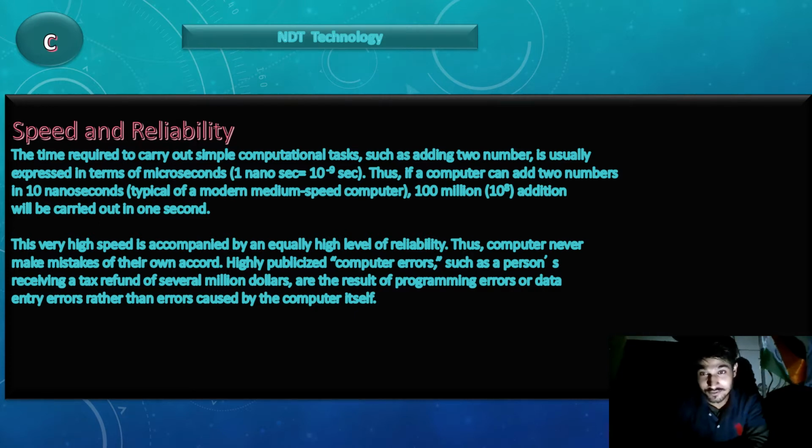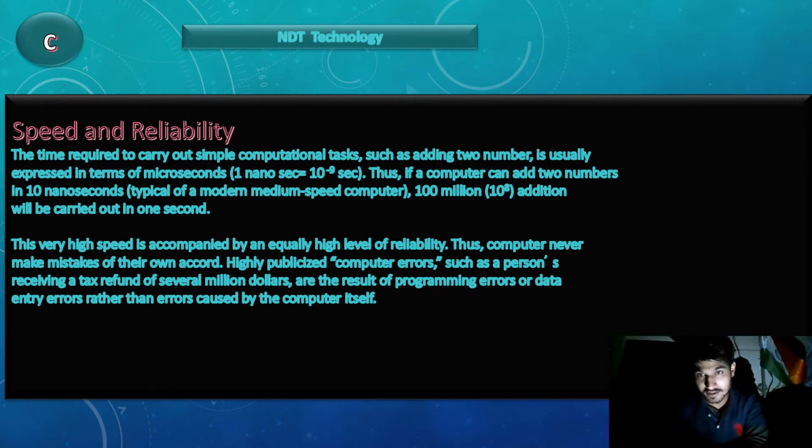Reliability also matters in any computational task, because if a mistake at the level of 0.00001 happens, the whole meaning of the computational or mathematical task will change, right? It may be a mathematical formula used for making bridges, roads, or any daily object. It's mandatory to calculate mathematical equations or problems with accurate solutions. So a computer does not make mistakes without human interaction.